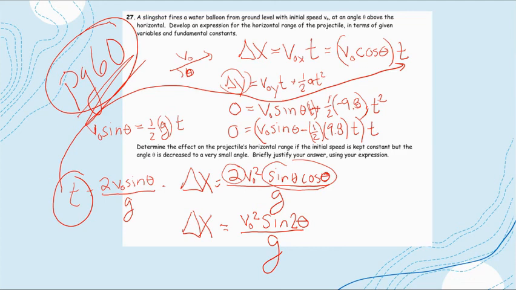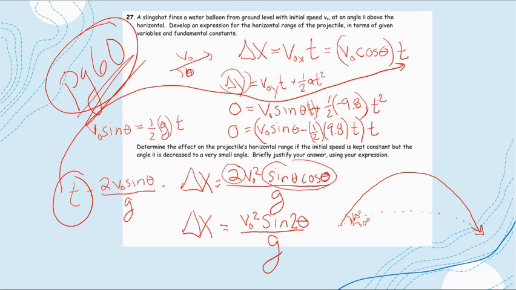So for example, if a soccer player kicks a soccer ball at a 60-degree angle, and the same soccer ball is kicked at a 30-degree angle, because 60 and 30 add to 90, they're going to have the same range. 45 and 45 obviously will have the same range.